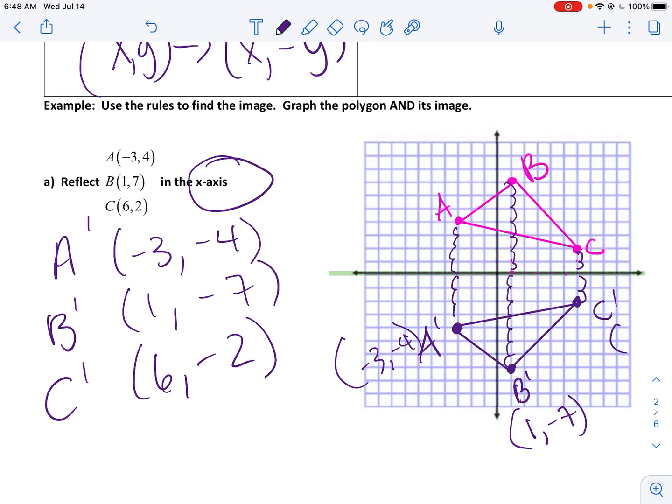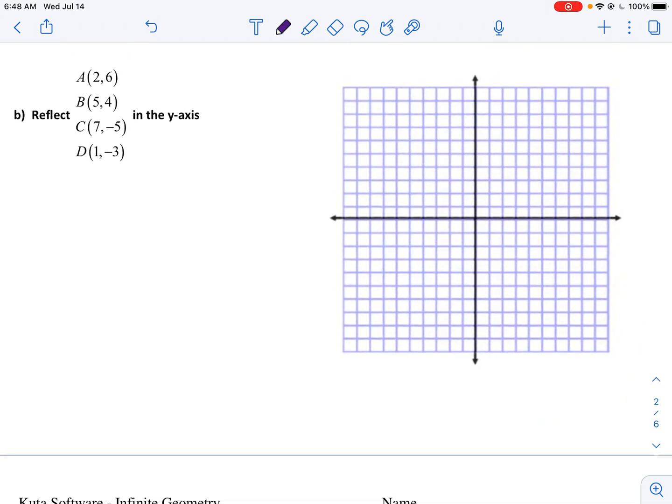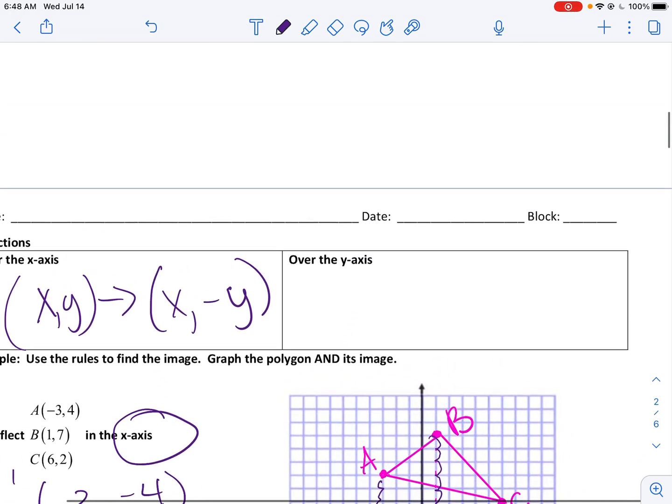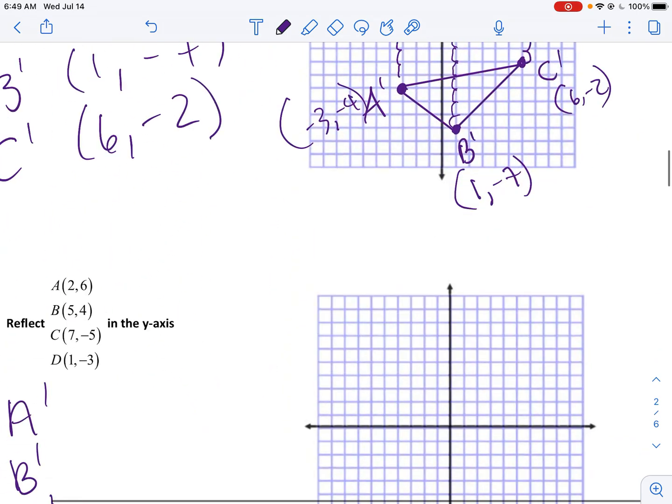This would have been at 6, and it went down to negative 2. This one, I have A prime, B prime, C prime, D prime. Now, when you're dealing with the y-axis, the x goes to the opposite, the y stays the same.